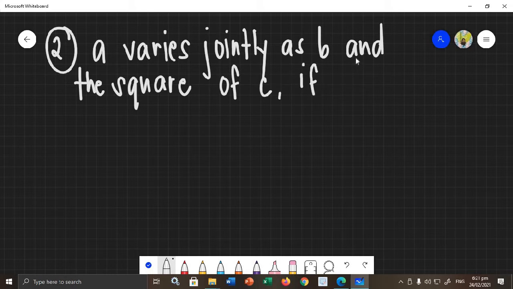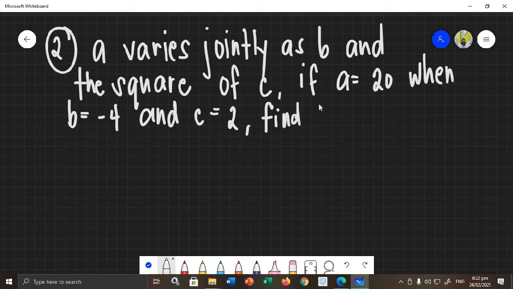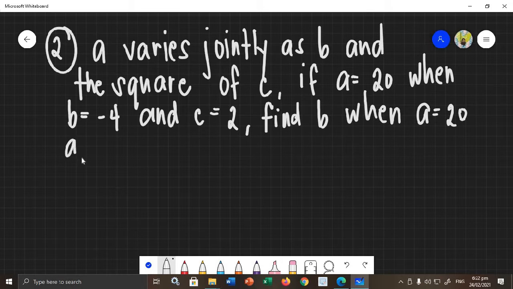So if a is equal to 20, when b is equal to -4 and c is equal to 2, find b when a is equal to 20 and c is equal to -2.